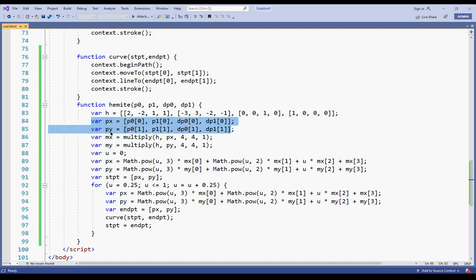Yeah, correct. So I use px and py, and here also px and py. Once that is done, I don't think that is going to make a difference, because it is a reassignment again.